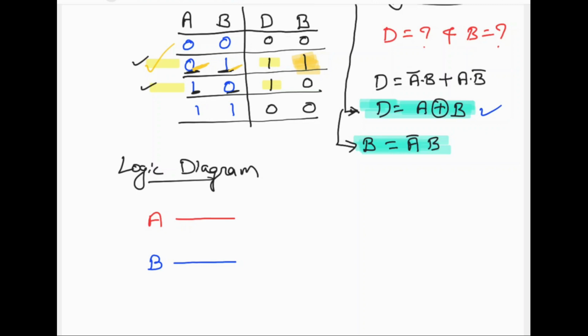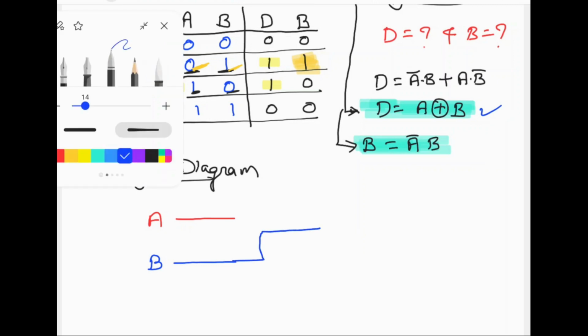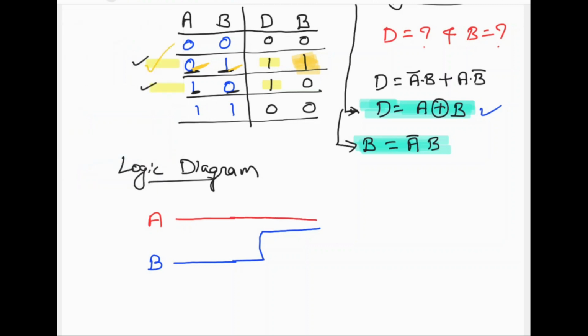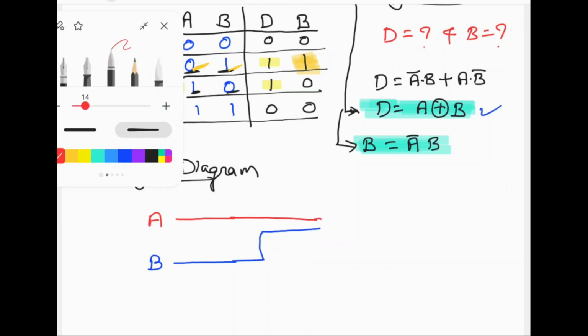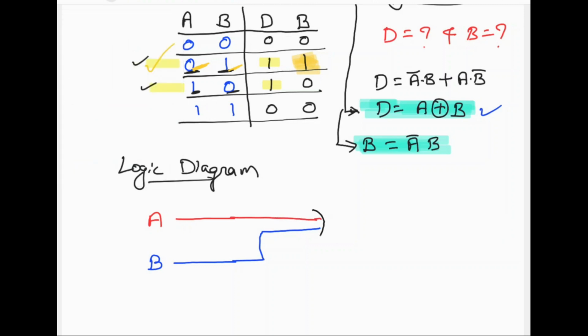D is A XOR B. So we want to XOR A and B. So we will draw the XOR gate. So this is XOR gate and this is D, that is equal to A XOR B.